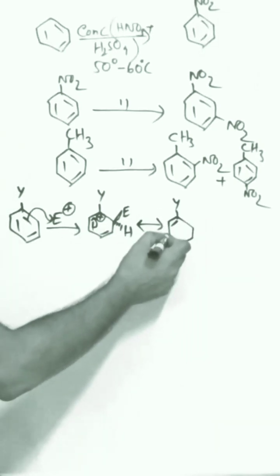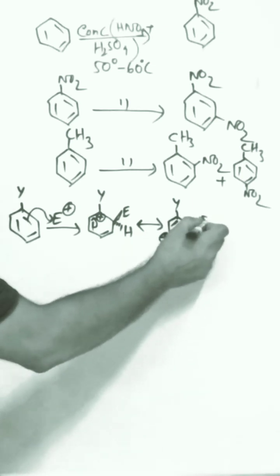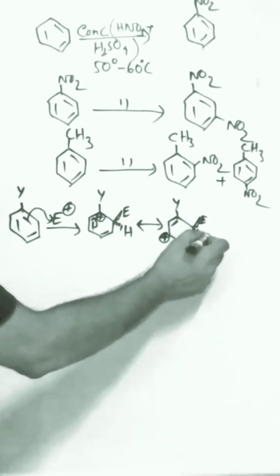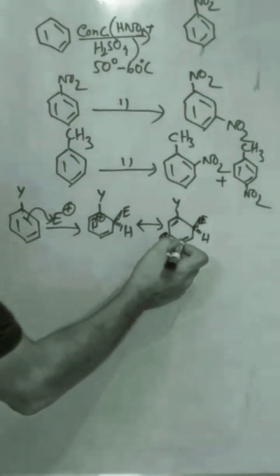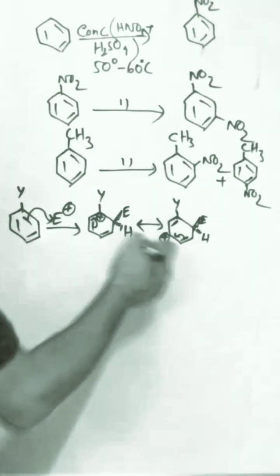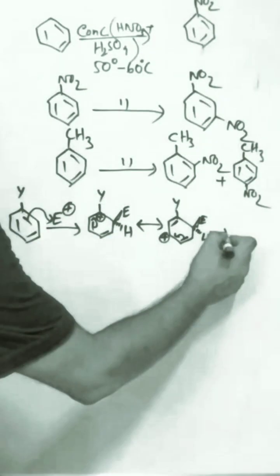The positive charge comes here, and that's where the electrophile is present. Another resonating structure can also be formed when this pi bond shifts between these two carbon atoms.